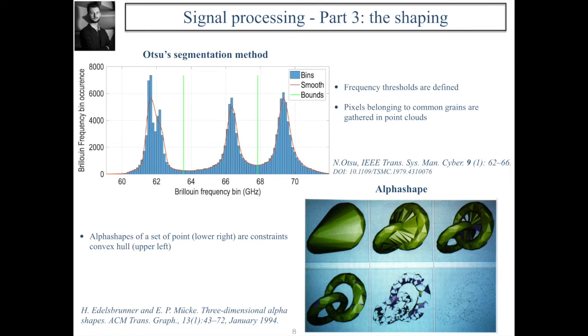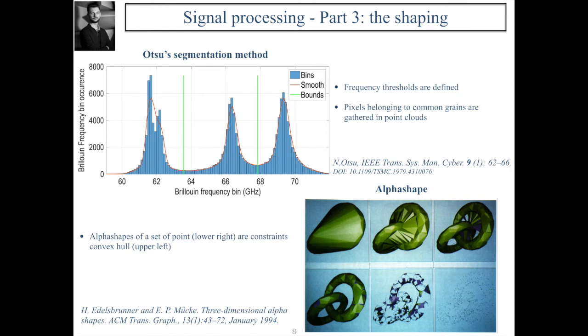This cloud of points belonging to the same grain is then given as an input to an alpha-shape algorithm. This alpha-shape algorithm allows us to shape a set of points using a constraint parameter. If the constraint parameter is null, then the set of points is shaped as itself, and if it's infinite, it is shaped as the convex hull. And in between, you have all the possible alpha shapes of this set of points.